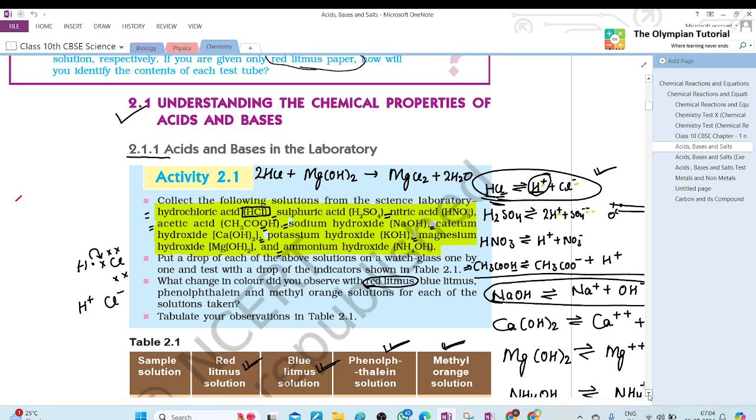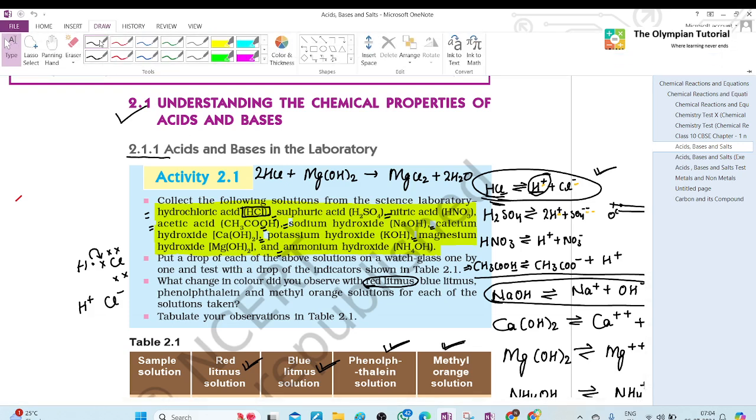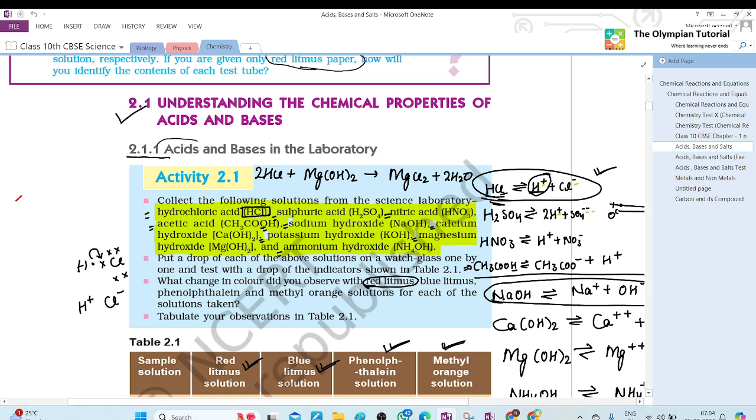So, students, as we know about acids and bases, acids are those substances which release H plus ions on dissolving in water, and bases are those substances which release OH minus ions on dissolving in water. The extent of concentration of H plus ion decides the strength of an acid.